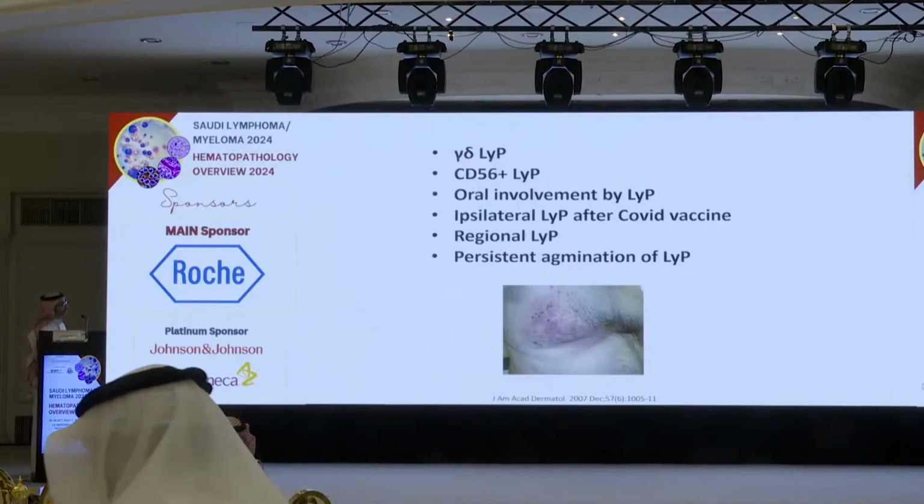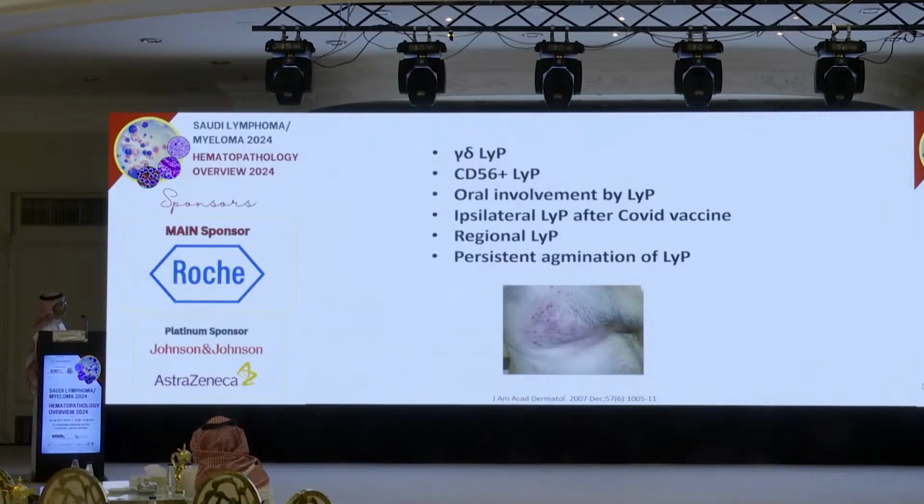The patient here presents with patch or plaque of mycosis fungoides. Then on top of that, there are LYP lesions that come and go. They appear as papules, then they ulcerate on top of the plaque.